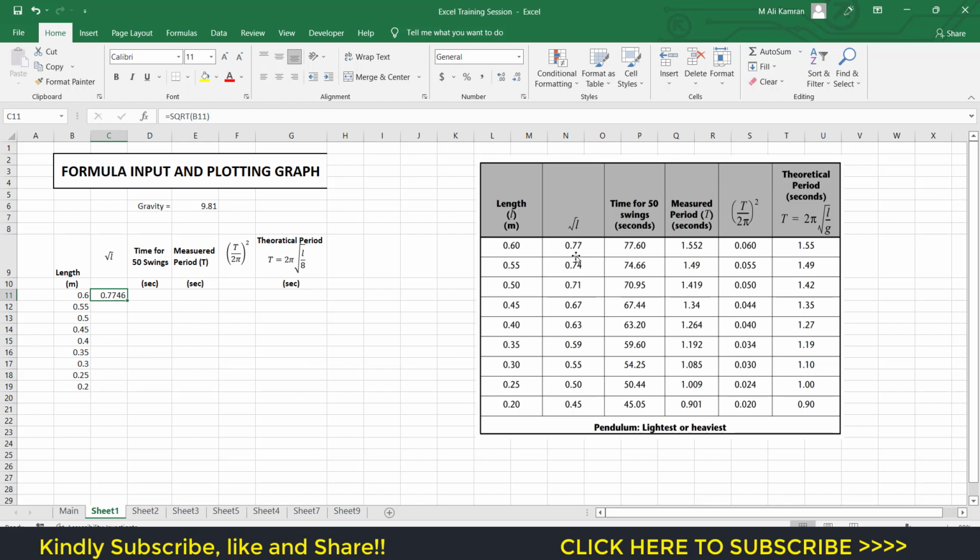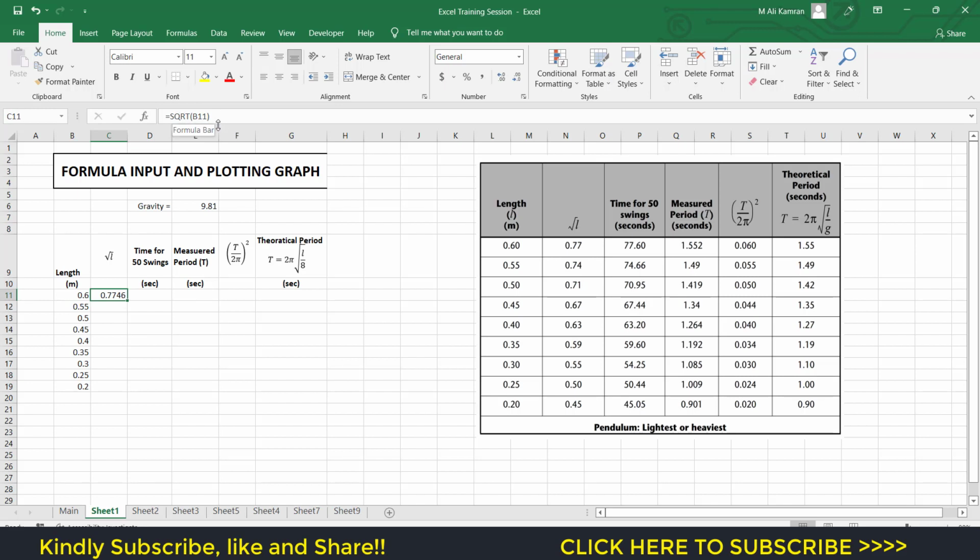Now as you can see in this data, this value is up to 2 decimal places. So if you want to have all these values up to 2 decimal places, with this formula, if I double click on this, it is square root B11, and alternatively if I click in here, we can view the formula here as well.